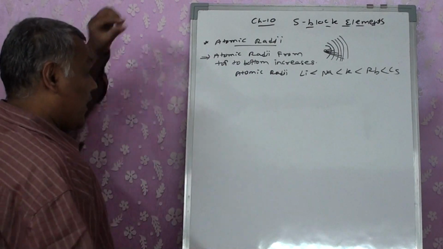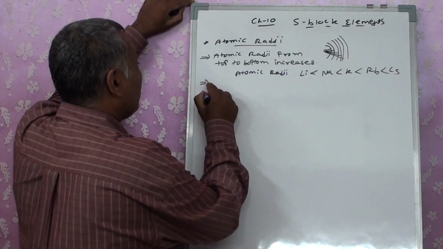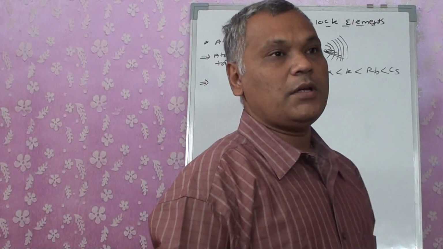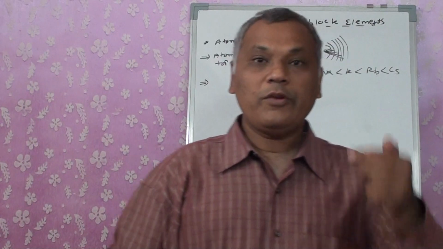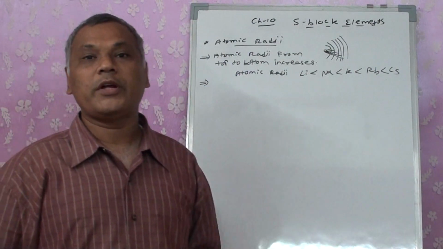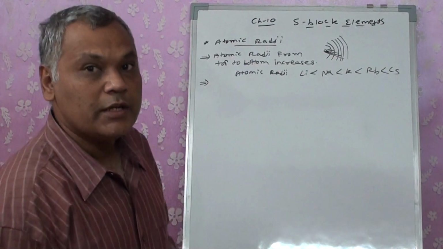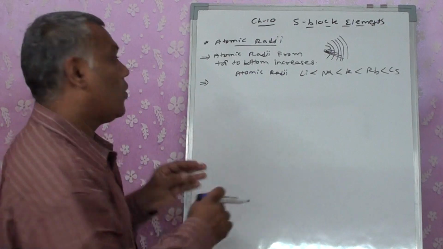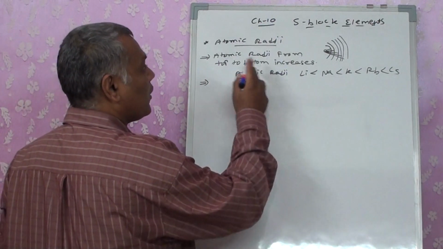Okay. As we studied in periodic trends in the 3rd chapter, when I move from top to bottom, the atomic radius increases, but if I move from left to right, atomic radius decreases, and these are the first group. That means they are on the leftmost side of the periodic table.